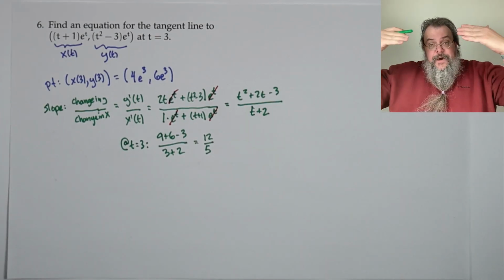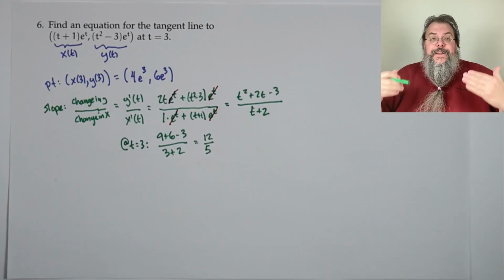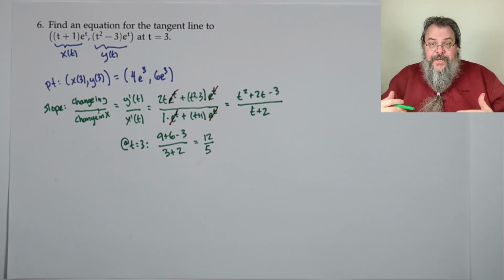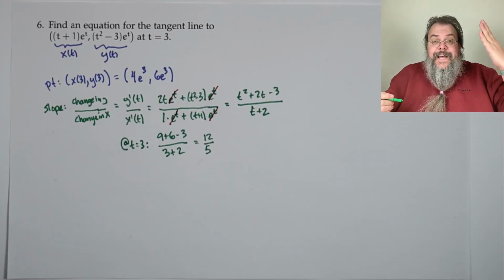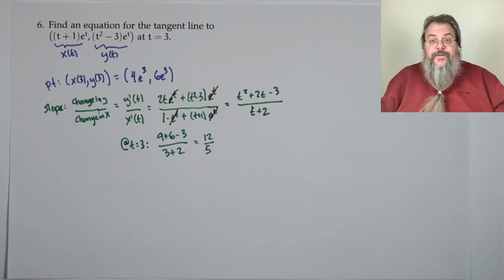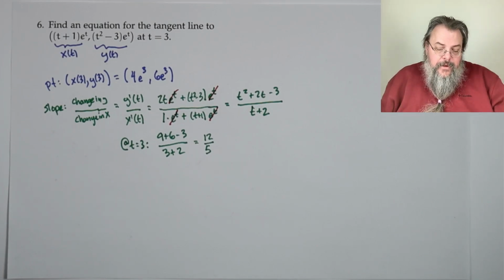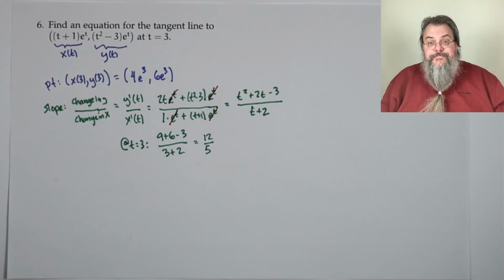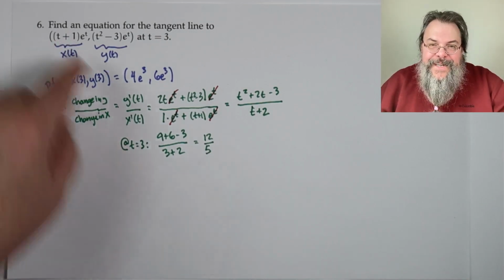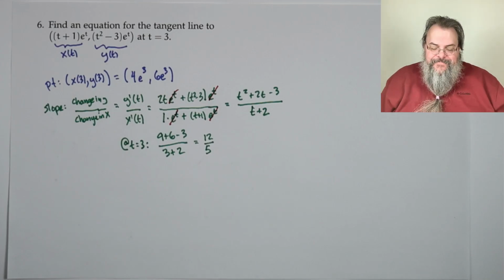If you have non-zero over 0, that means you have a vertical tangent line. How do you write down the formula for a vertical tangent line? X equals whatever your x coordinate is. So if you had plugged in negative 2, it would be x equals minus 2 e to the minus 2. Oh, sorry, minus 1 e to the minus 2. I know how to add minus 2 and 1.